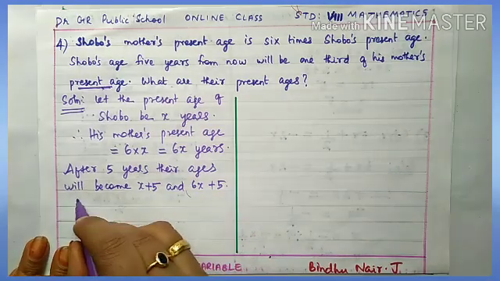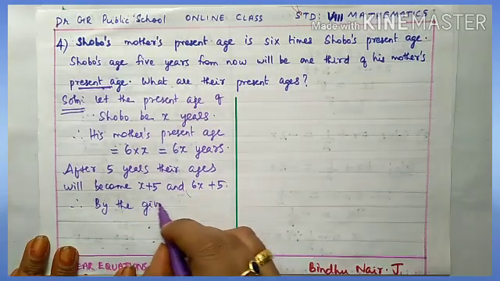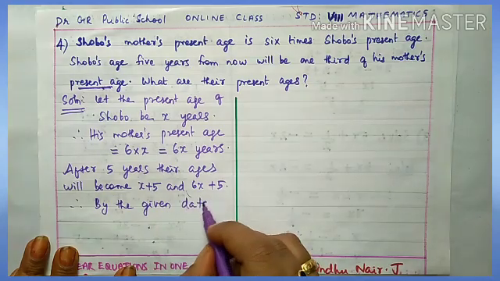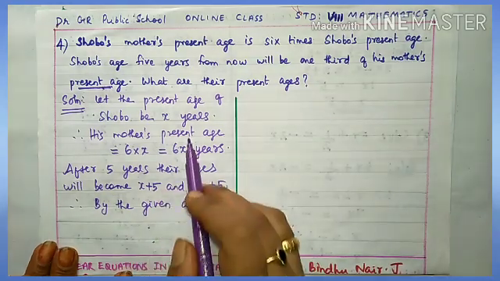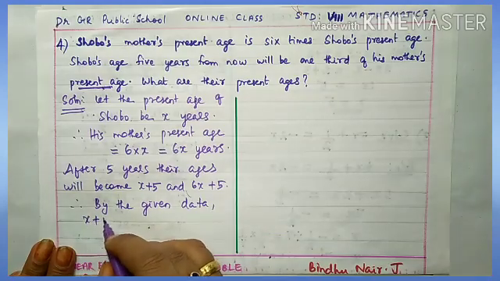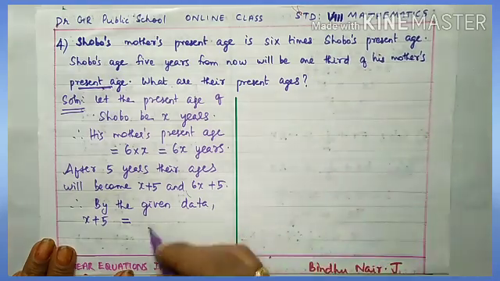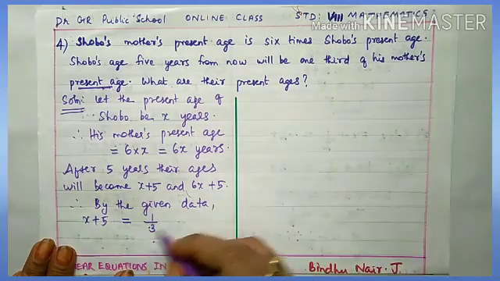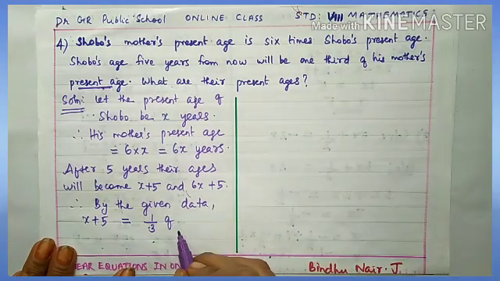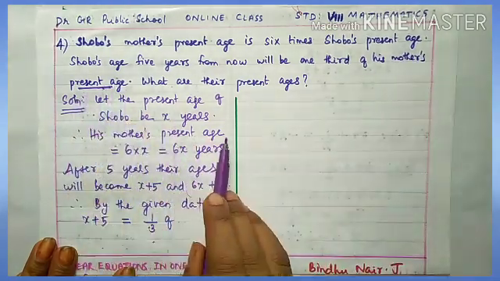Okay. So therefore by the given data, once again I am telling you, Shobho's age 5 years from now, that is x plus 5, is equal to 1/3 of mother's present age. What is mother's present age?